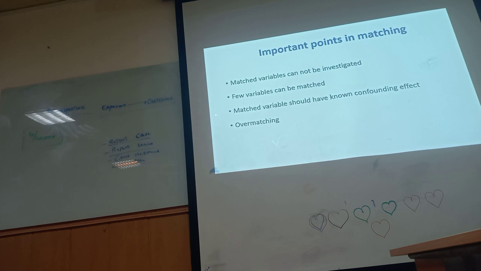And sometimes there is overmatching, which means that if you match on one or more variables that are correlated to the exposure of interest, you may make cases and controls the same even in terms of the exposure of interest.